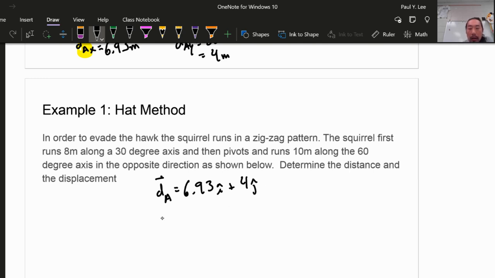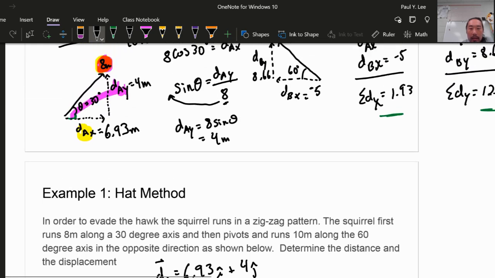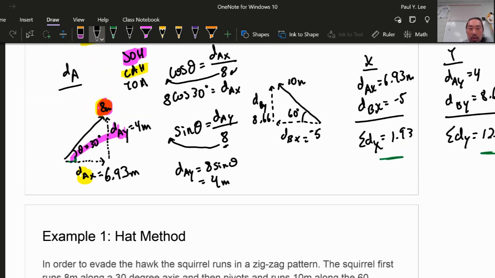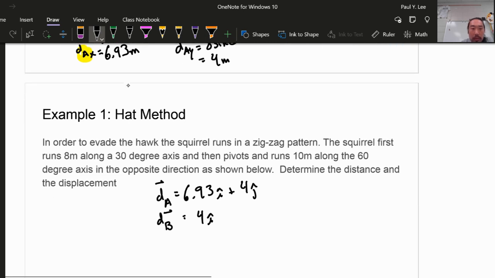Okay, and I'm going to just put dB right below it, because for dB, excuse me, it should be negative 5 i hat plus 8.66 j hat.